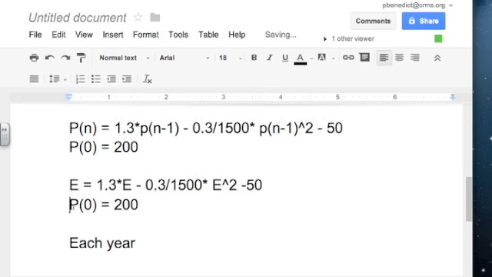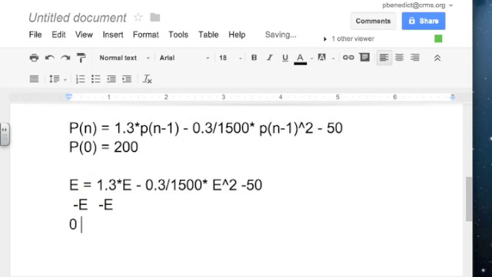Now, let's get rid of this other stuff just to get it out of the way, and let's see if we can solve this equation. First of all, remember that this is a quadratic equation because we have this E squared, and we know that we need to have it equal to 0. So I'm going to subtract E from both sides.